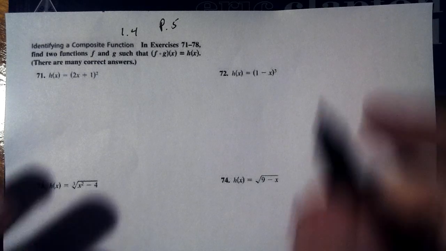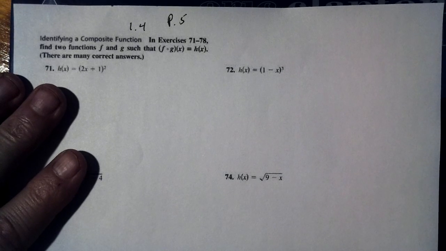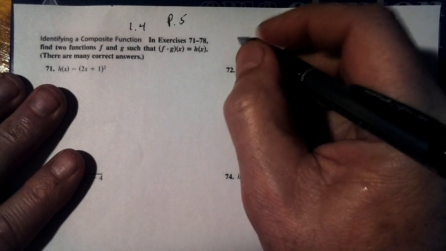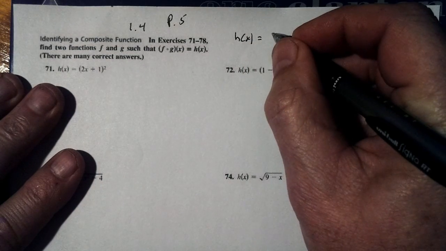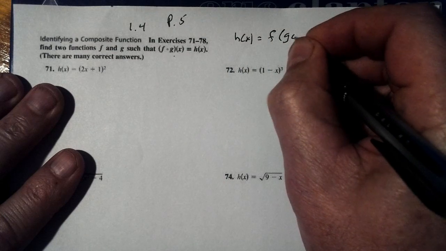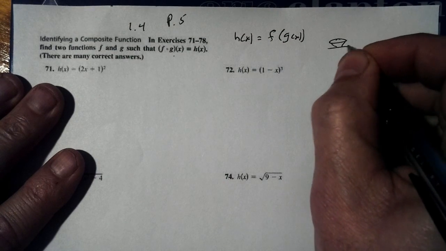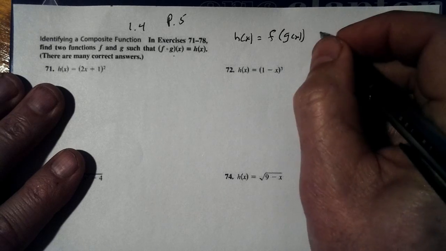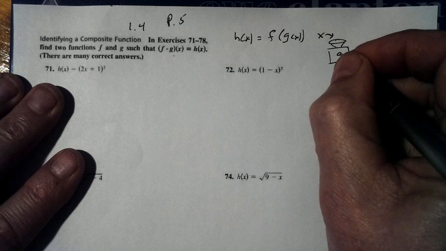And what we'd rather have, and this is a big part of second semester calculus, is h of x split into two different trees, so it's f of g of x, which pictorially looks like this. I want to send x into here, and that factory is called g.